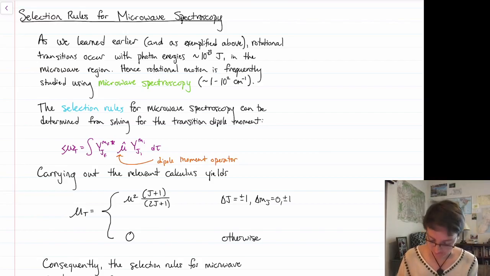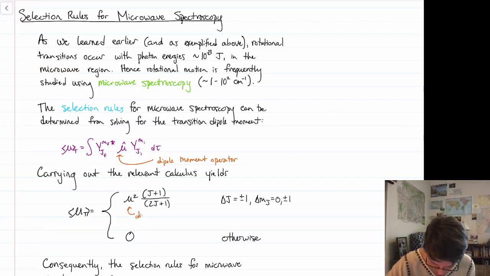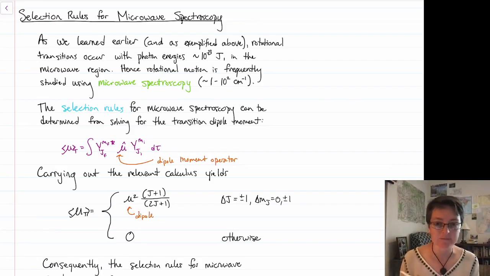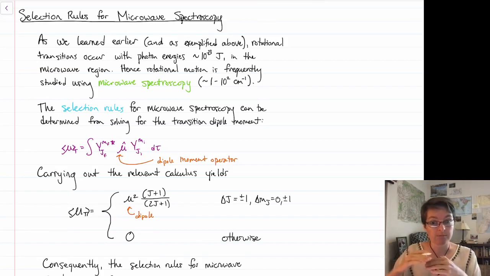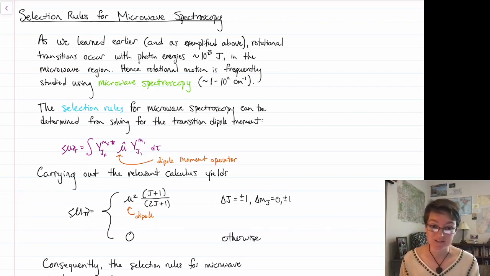You get that the transition dipole moment is equal to mu squared, again dipole moment, not reduced mass, times J plus 1 divided by 2J plus 1, assuming that the initial and final states are separated by only a change in quantum number of plus or minus 1, and either 0 or plus or minus 1 for m sub J. Otherwise, the transition dipole moment is equal to 0.